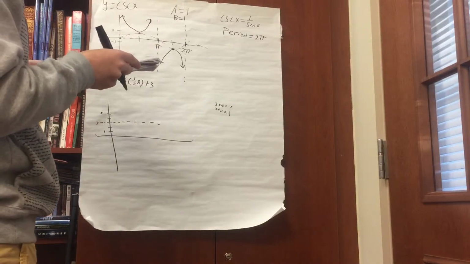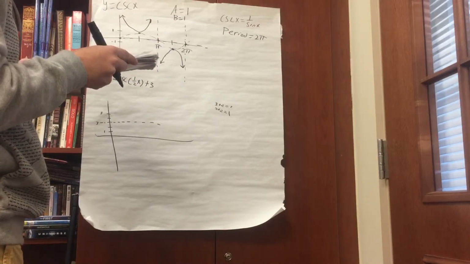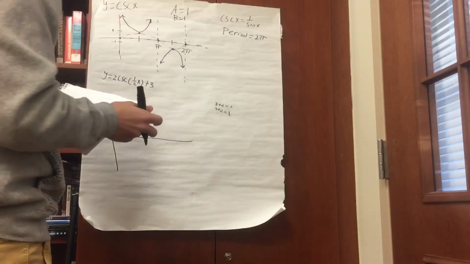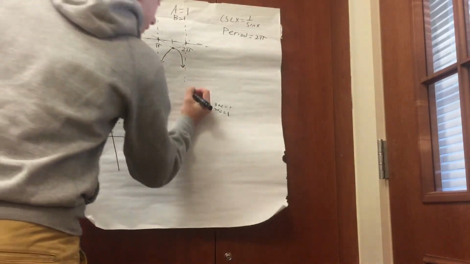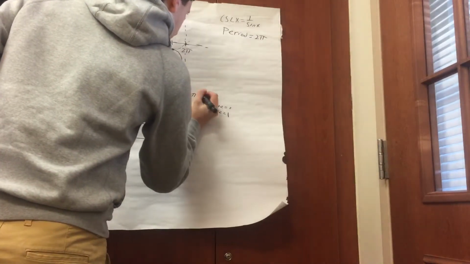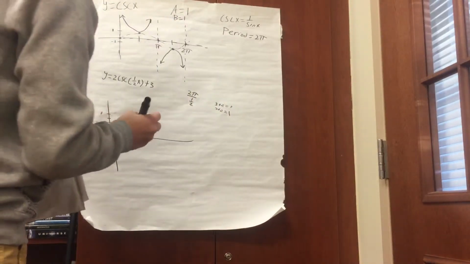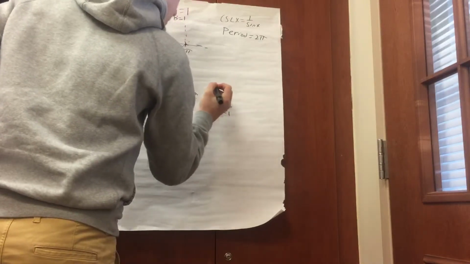The next thing you do is find your period. Your period is 4 pi, because your b is 1/2, so it's 2 pi over 1/2, which equals 4 pi.